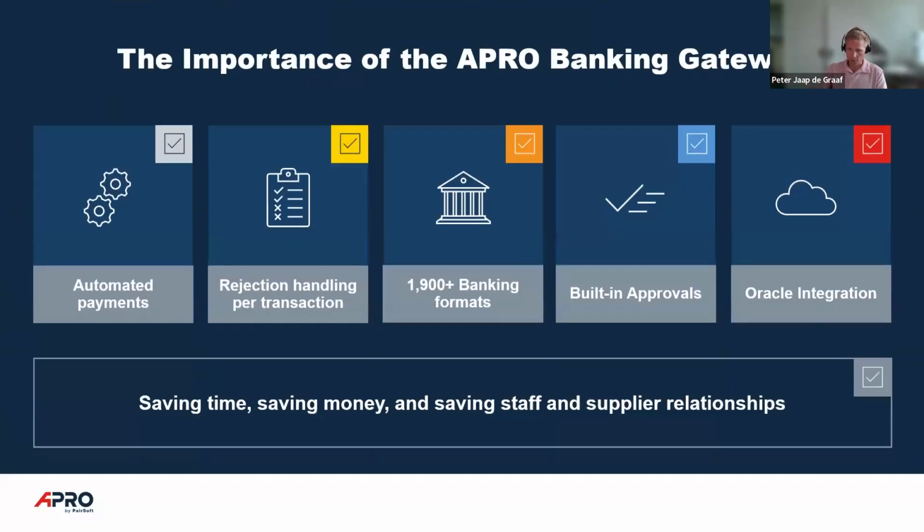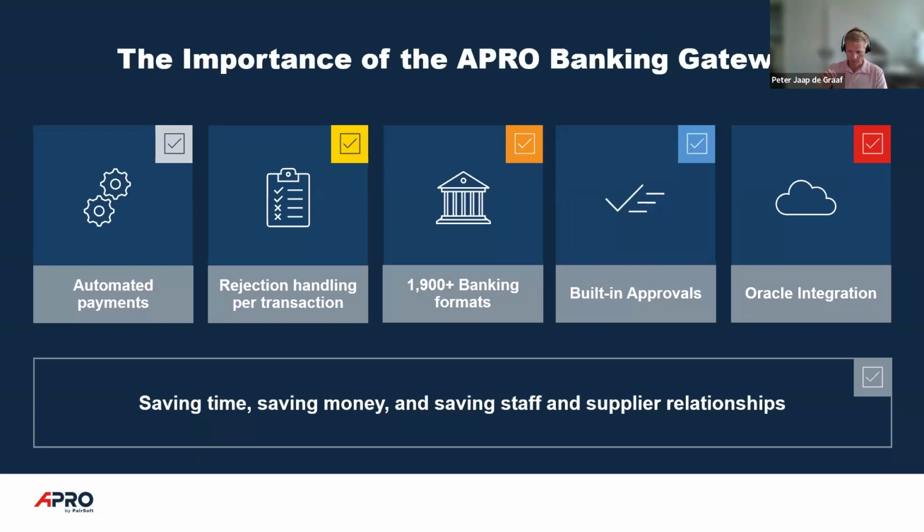So what does APRO do for you on the banking part? On the payment part, we can automate the full process. We pick up your payment format and make sure it's the right format. We have more than 1900 banking formats. We have built-in approvals, so if you have to send payment batches or payment files to different kinds of banks, you can do the approval within APRO instead of logging into several banks to make sure that the payments are made.